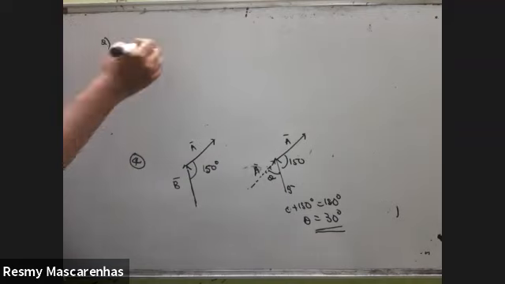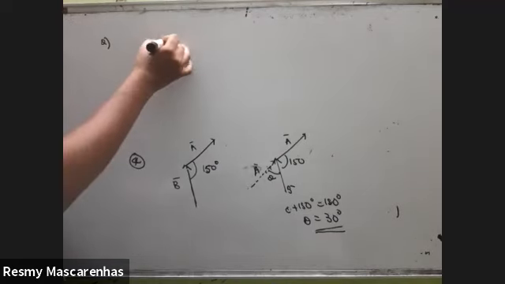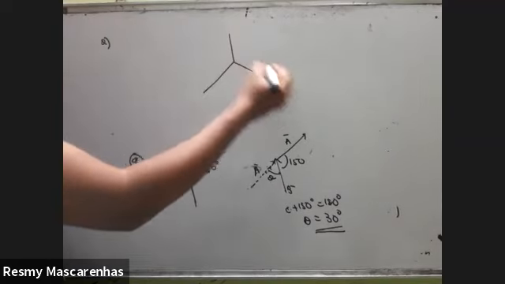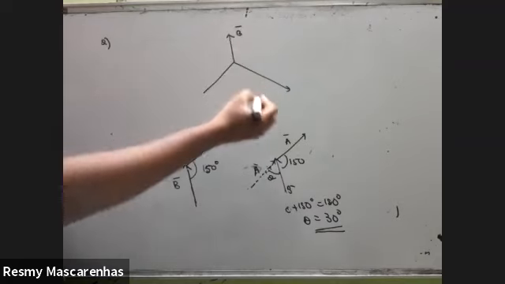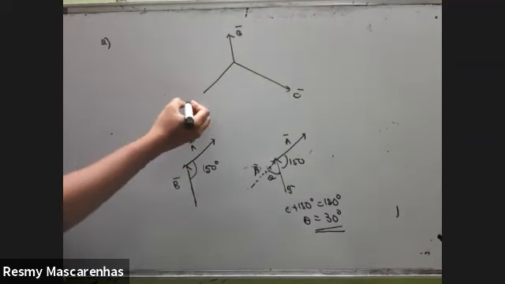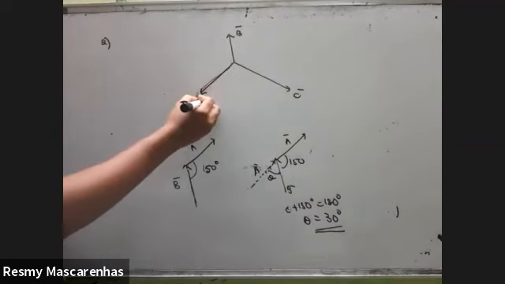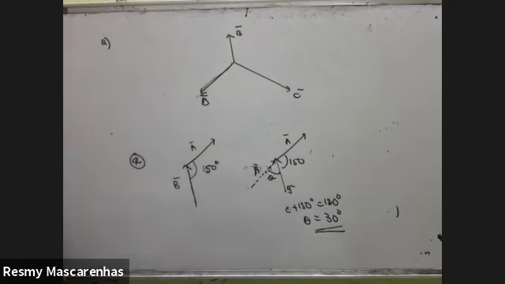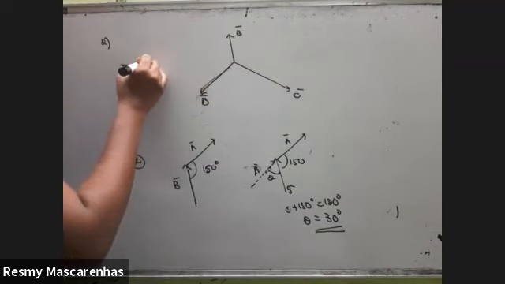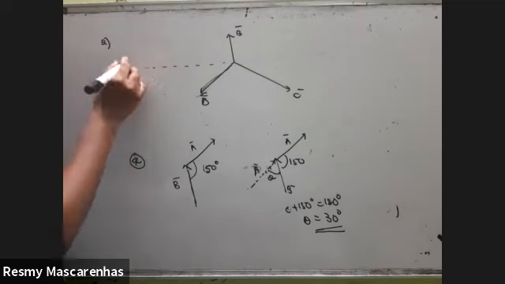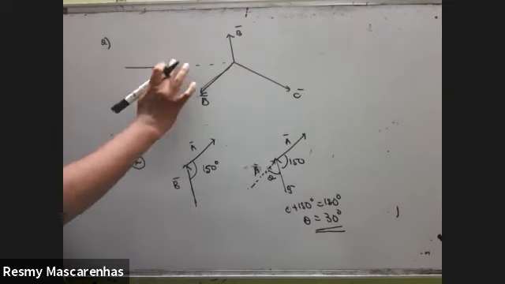Next question. This is A bar. I'll draw this first. B bar. This is C bar. This is D bar. I just want to draw in the same, this point line you draw, okay?